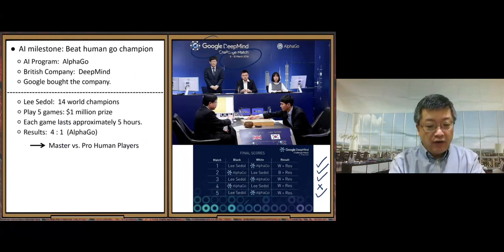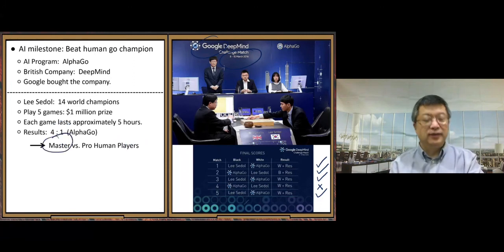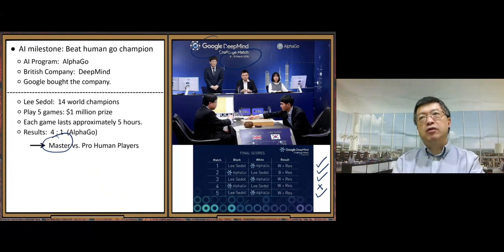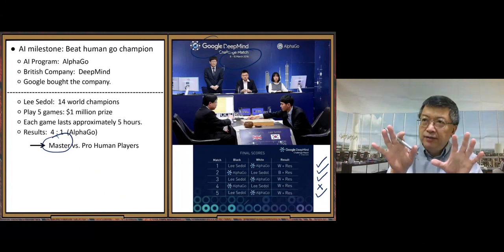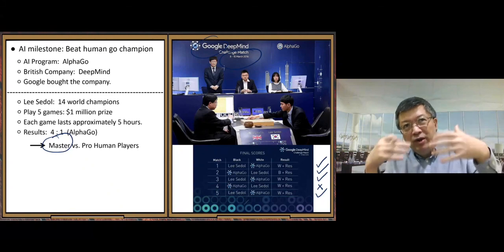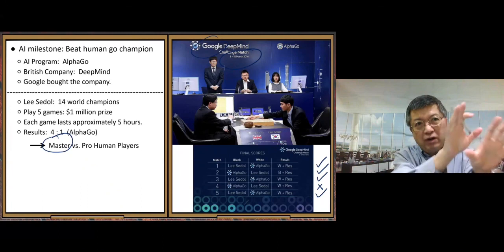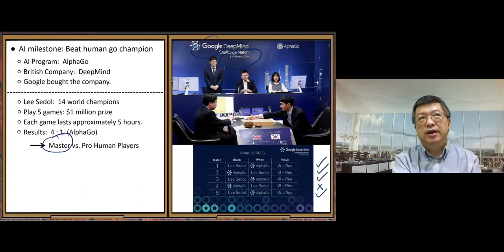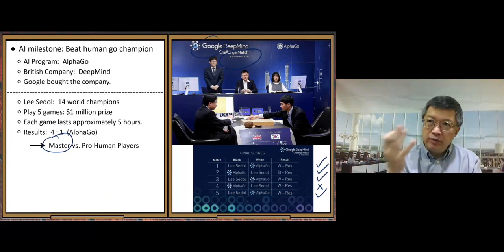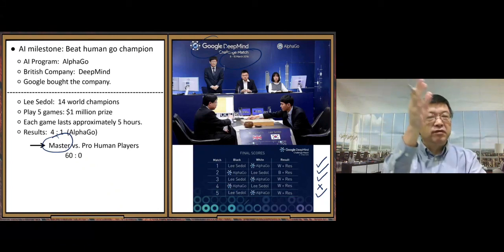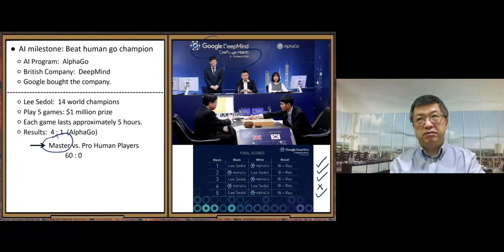The newer version of AlphaGo was called Master. They changed the name of AlphaGo because they wanted to hide its background when competing with human Go players. It challenged professional human Go players. The result: 60-0. Never missed anyone.